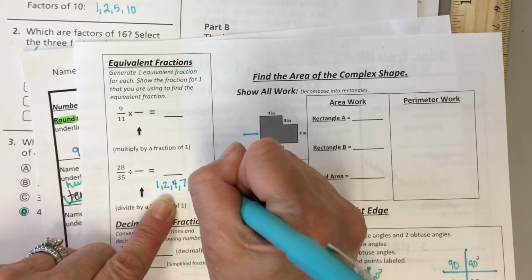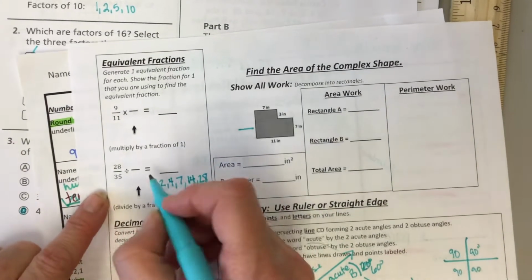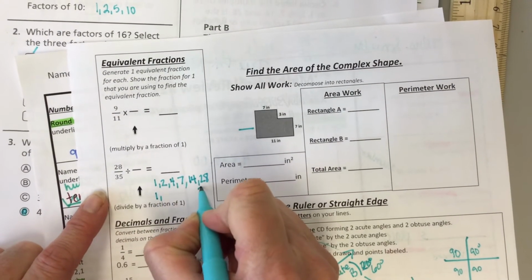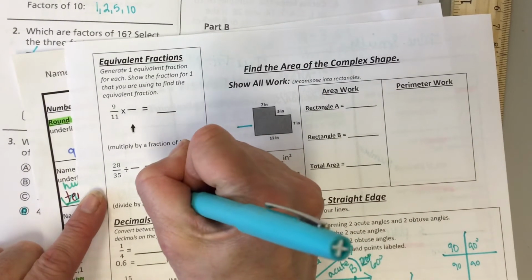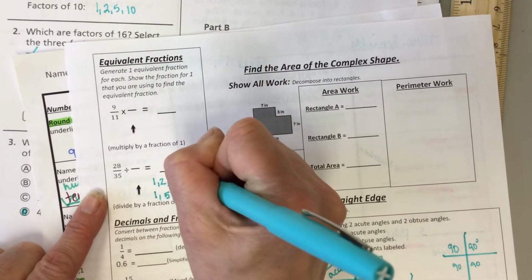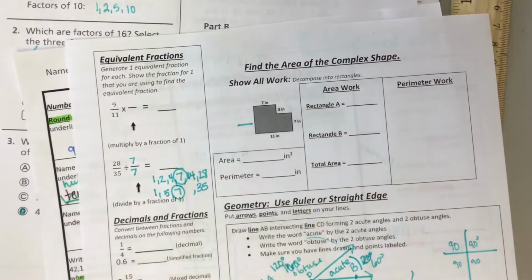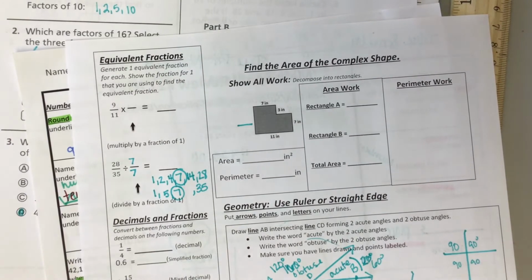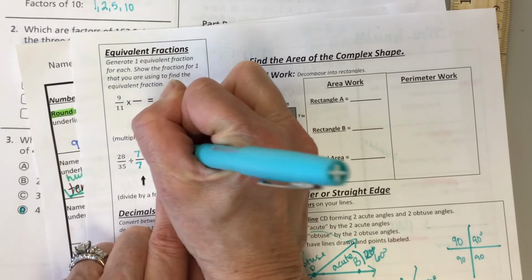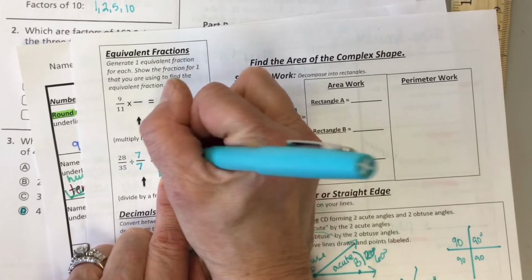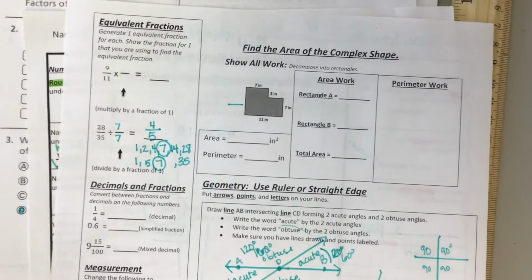And then 28. Okay, so now I can look also at the factors for 35. What do I have? 1 and 35. And what else? 7 times what? 5. And here's my greatest common factor. So I can divide them by my whole fraction, 7/7. 28 divided by 7 is? 4. 35 divided by 7 is? That's 4/5.